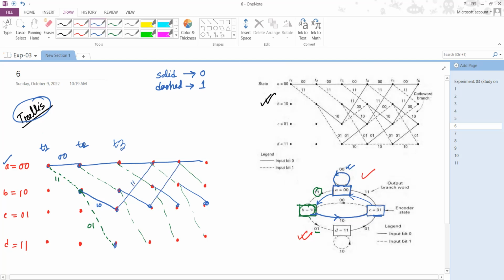So a similar thing will happen for all the cases. And again, for the dashed input, it will follow from 0, 1 to 1, 0.